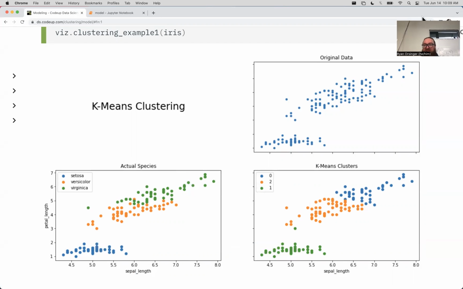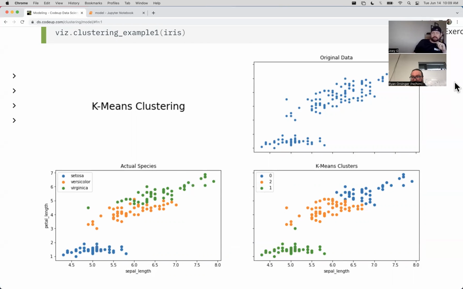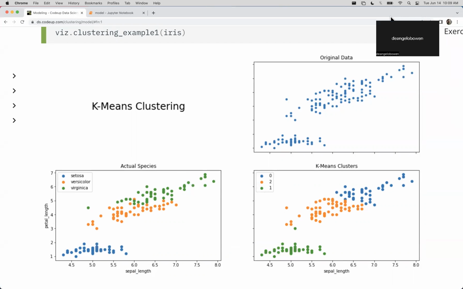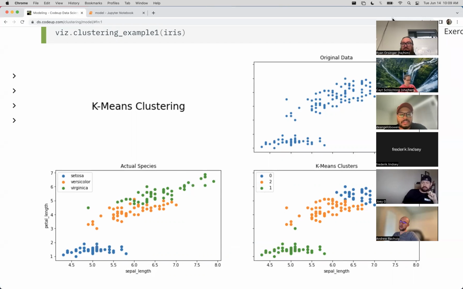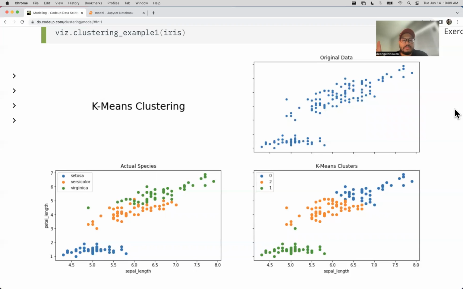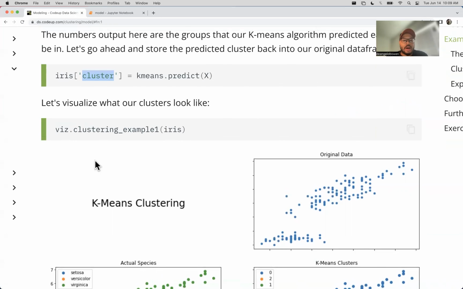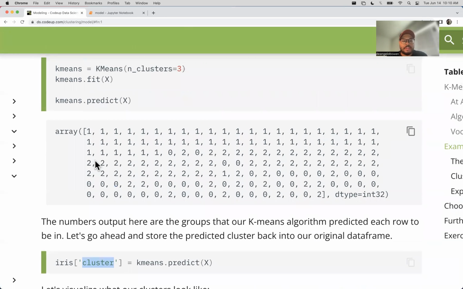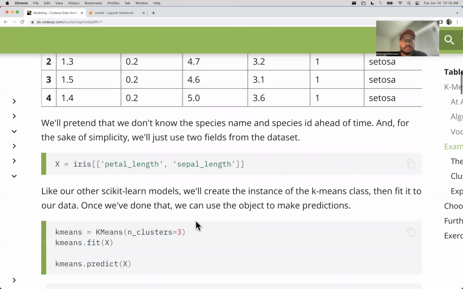I see a question from D'Angelo. Go ahead, D'Angelo. Yes, I did have a question, but I think by looking at this chart, it was able to be answered. I was just wondering why you had 2 features, but you had 3 clusters. And I see that you do have the original one here as well.